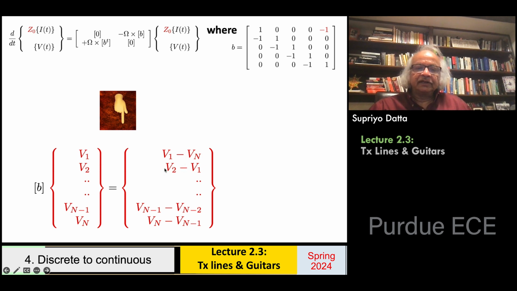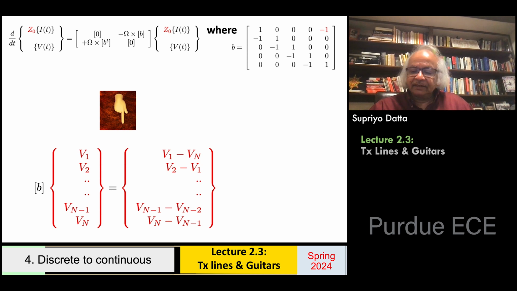Right? So the second row gives you V2 minus V1. And the first row actually wants to give you V1 minus V0, but we don't have a V0. But because of periodic boundary conditions, you get a Vn. That's this minus 1 out here. Anyway, so in the discrete case, B acting on a column vector gives you something like this.